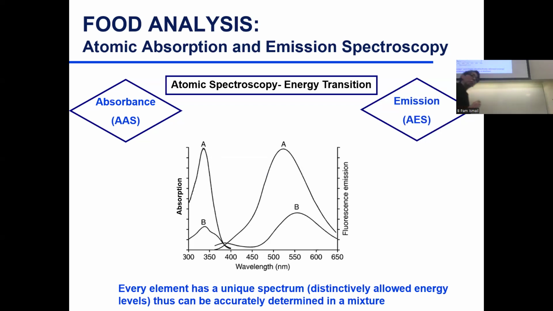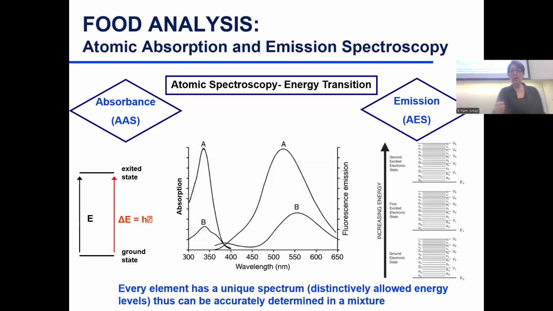I'm repeating this multiple times so that you can learn it and remember it. Okay, so the same element can absorb and emit light, but the difference is in wavelength and the energy. So again, the same principle, we have ground state for an atom that gets excited, and the difference in the energy from ground state to excited state is the same energy that the light carries, that it absorbs.